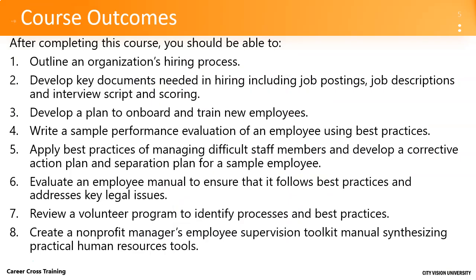So what does that look like? We have 8 weeks and 8 course outcomes. So after completing this course, you're going to be able to outline your organization's hiring process, develop key documents needed in hiring, including job descriptions, job postings, interview scripting, scoring, develop a plan to onboard and train new employees, write a sample performance evaluation of an employee using best practices, apply best practices of managing difficult staff members, and develop a corrective action plan and a separation plan for a sample employee, evaluate an employee manual to ensure that it follows the best practices and addresses key legal issues, review a volunteer program to identify processes and best practices, and to create a nonprofit manager's employee supervision toolkit.